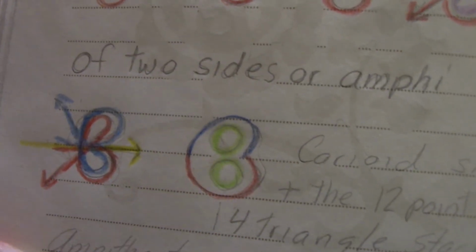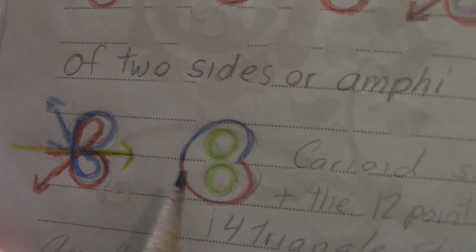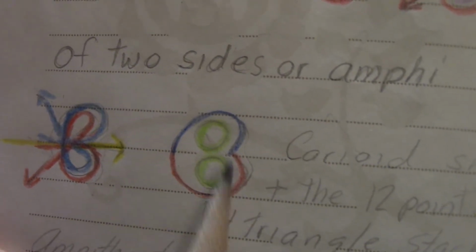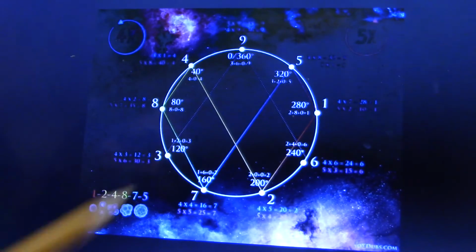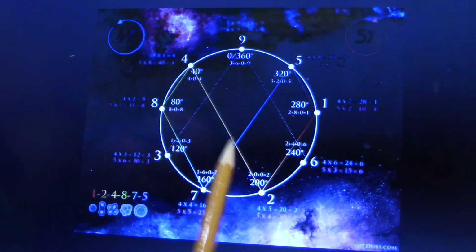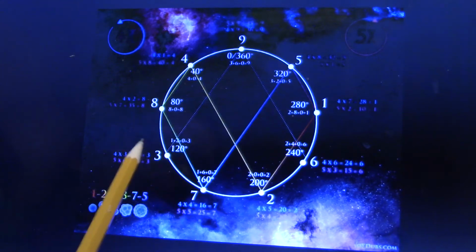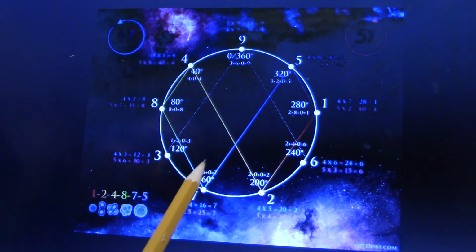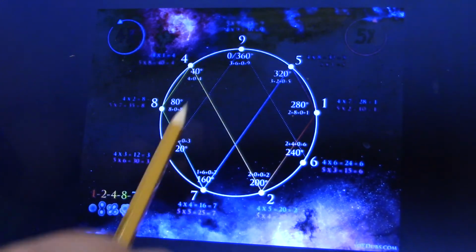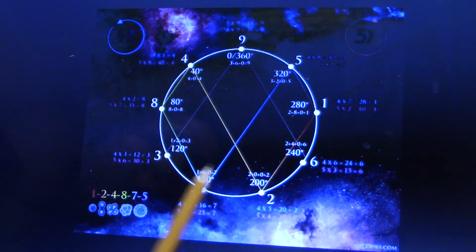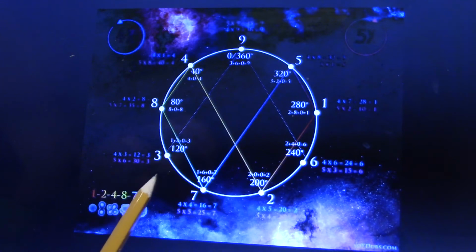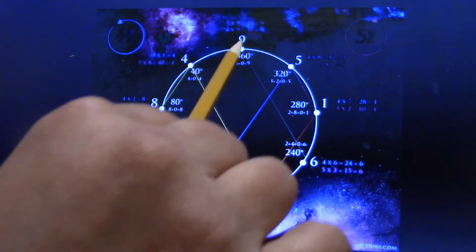All right, so now how mathematically can we get a cardioid pattern? Well, let's take this away. Sorry about that. All right, so this is a vortex pattern here. What you're going to see here is that Volkswagen kind of symbol, and then you're going to have some sacred numbers, the 3, 6, and 9.